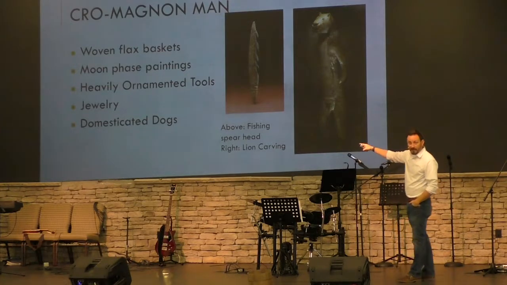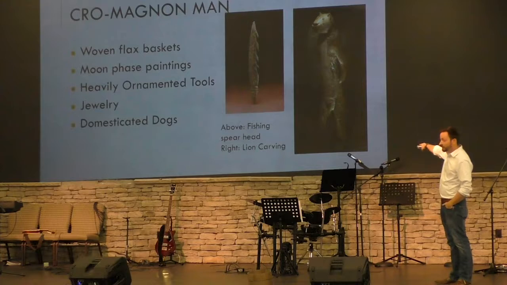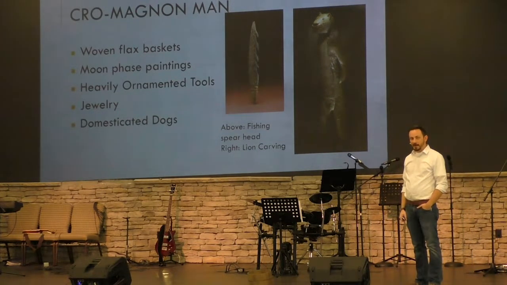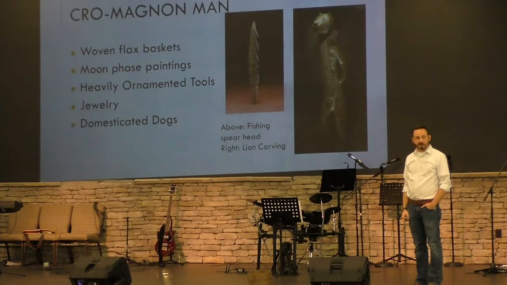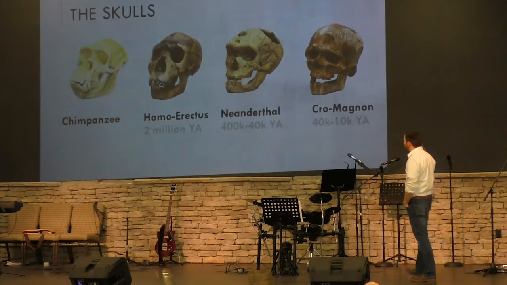There's evidence that they had domesticated animals, including dogs. This is a carving that they found with Cro-Magnon man. Never seen a monkey in the zoo do that. Leave a monkey with a log, they never carve a bear.